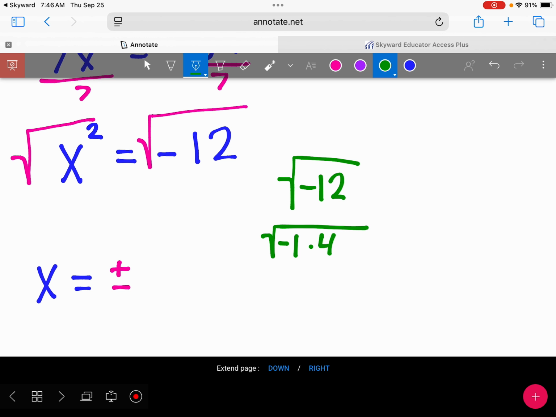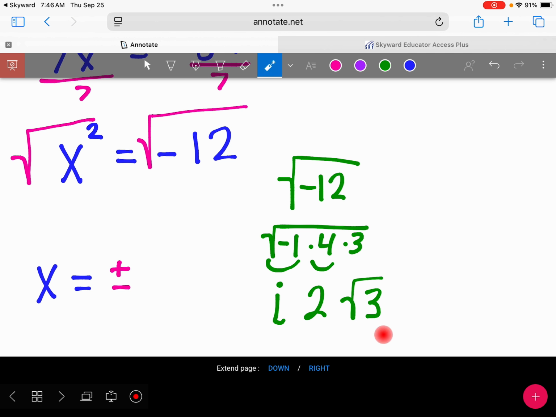And it would be 4 times 3 that makes my 12. So I want to find the largest factor of our number that is also a perfect square. 4 is the biggest one. So this guy turns into an i. This part turns into a 2. And that square root of 3, we don't know her.